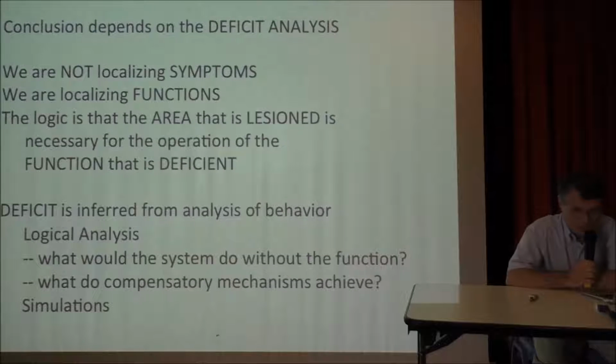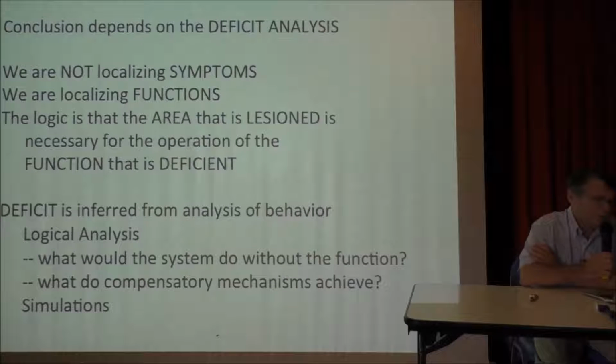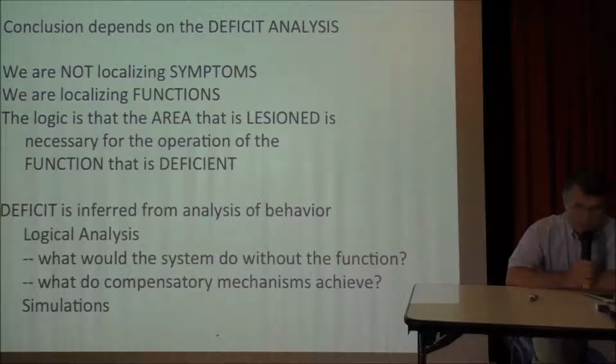In order to localize a function, you have to analyze the behavior as the result of the normal system minus some component or operation that is deficient, plus the addition of any strategic mechanisms that might be relevant to performing the task.